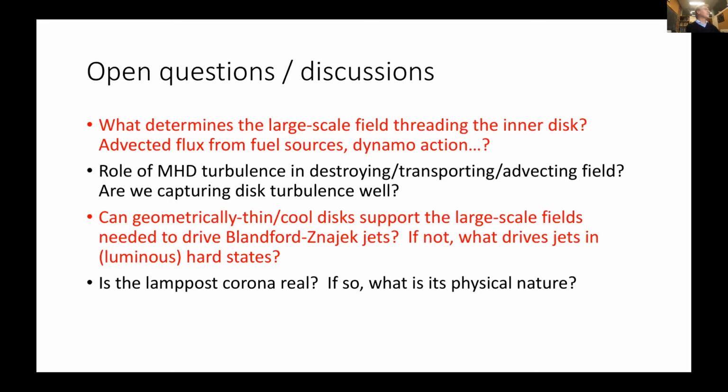I'm Pierre-Olivier Petrucci. Your open questions are very interesting, and I think that most of the recent simulations seem to show the advection of magnetic field. My question is whether the next step to answer most of these questions could be the inclusion of radiation. There are already simulations with radiation, but I'm talking about, for example, the difference between Blandford-Znajek or Blandford-Payne types of jets.